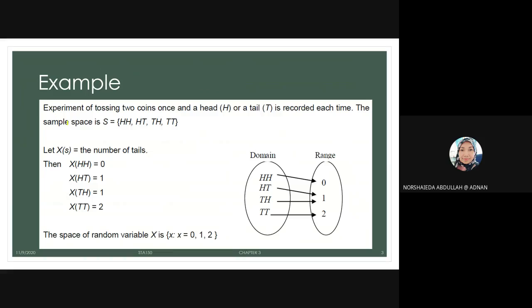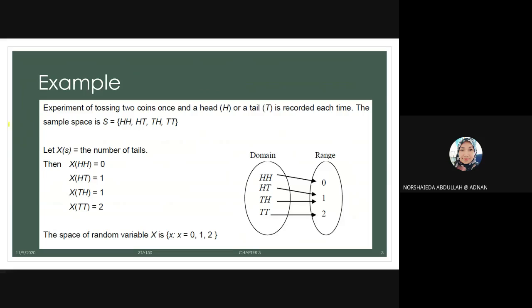Let's say we have the experiment of tossing 2 coins. Okay, so each coin the possible outcome is either head or tail. So from tossing 2 coins we will have outcomes of a pair of head and tail.